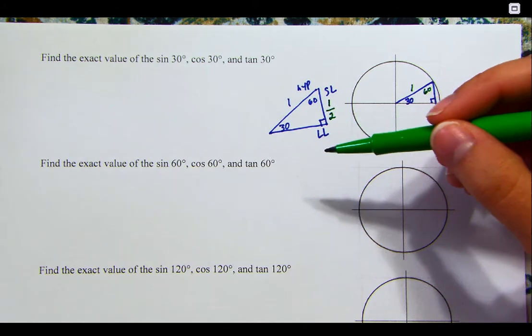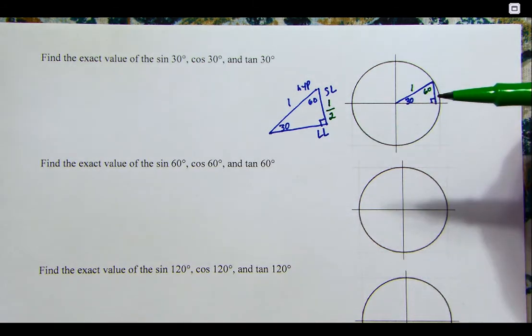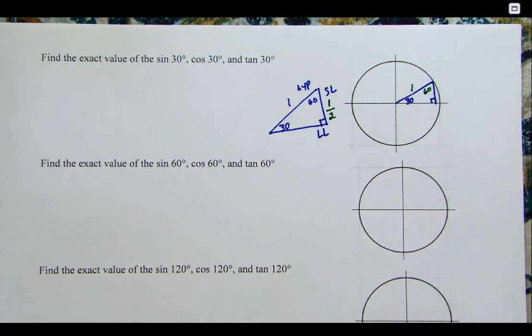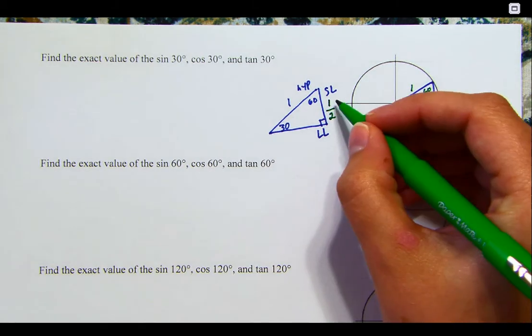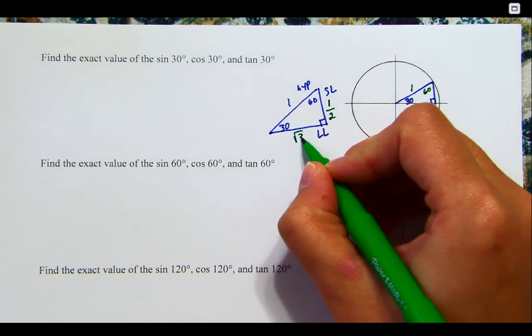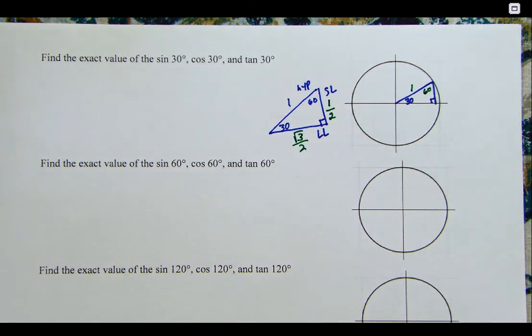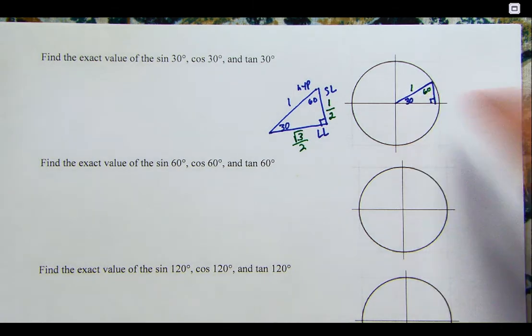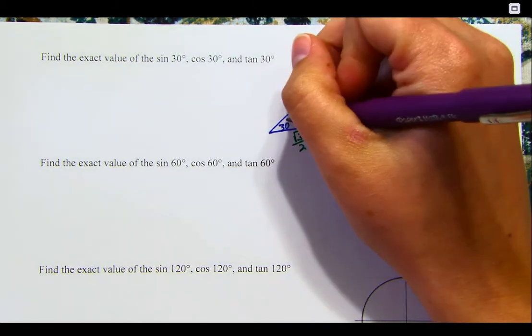You might want to have your 45-45-90 and 30-60-90 worksheet out to help you with those rules because we wrote those down. So if I'm taking 1/2 times the square root of 3, this will be the square root of 3 over 2 for that long leg. Now, when we draw that angle in the standard position, that is always our reference angle.